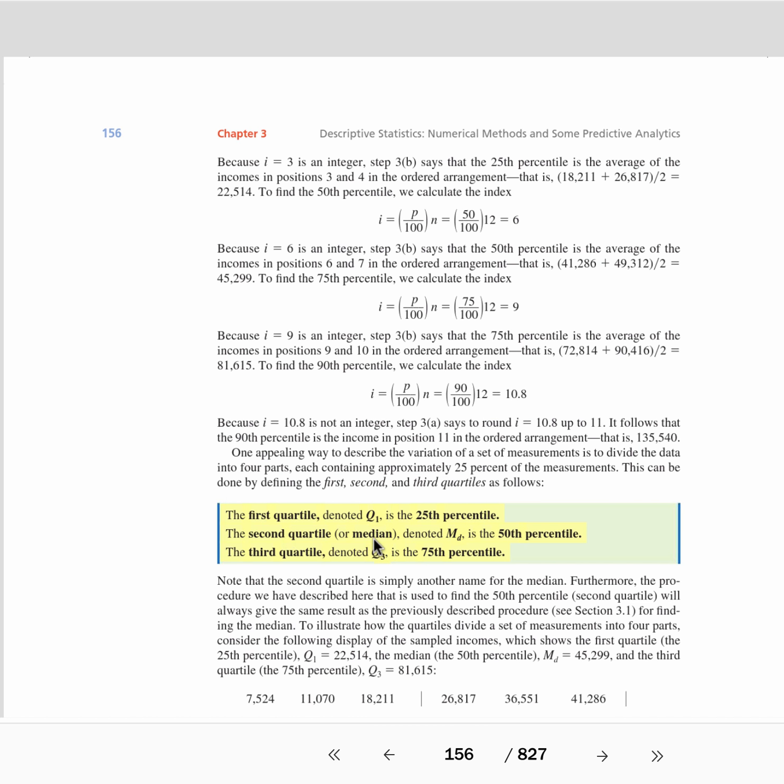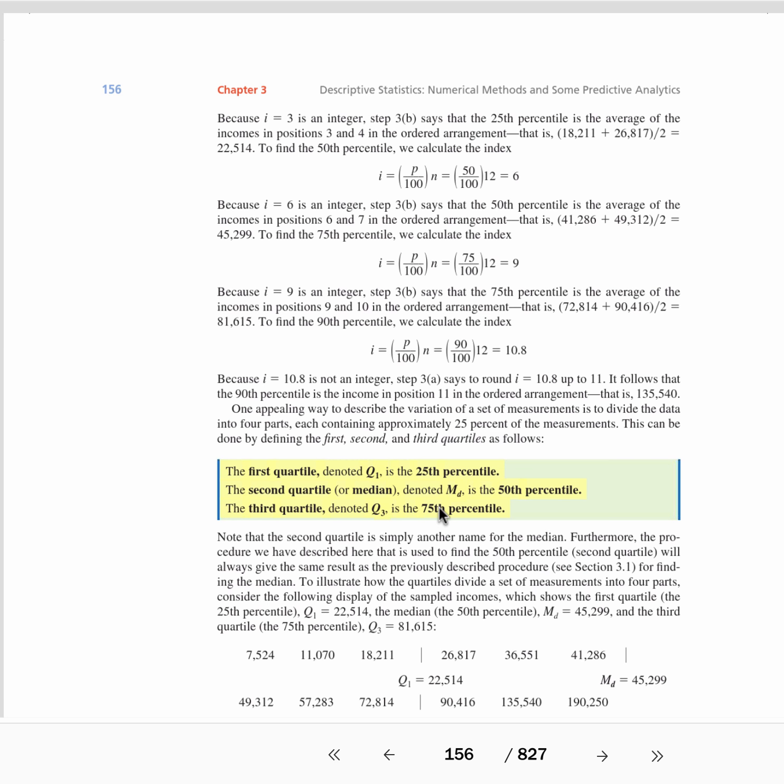And the one that is located in the middle of your data, or the median of your data, we call this the 50th percentile. And the third will represent the 75th percentile. So you can imagine what we are doing. We are trying to find what's going on in your data in quarters, from the first quarter, the second quarter, third, and the fourth. That's all we are doing.